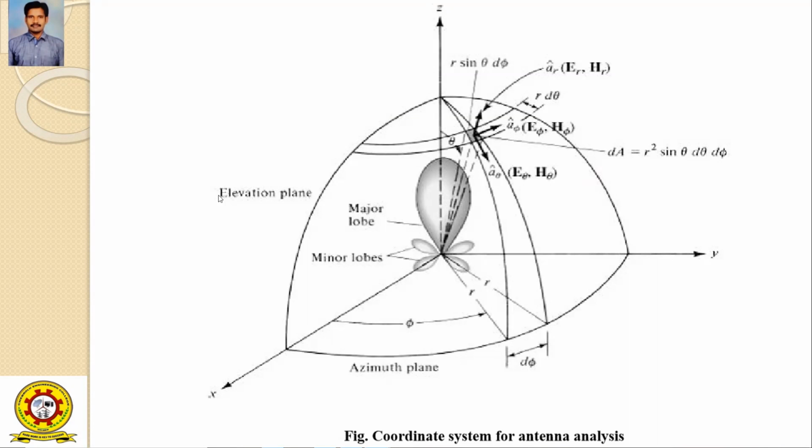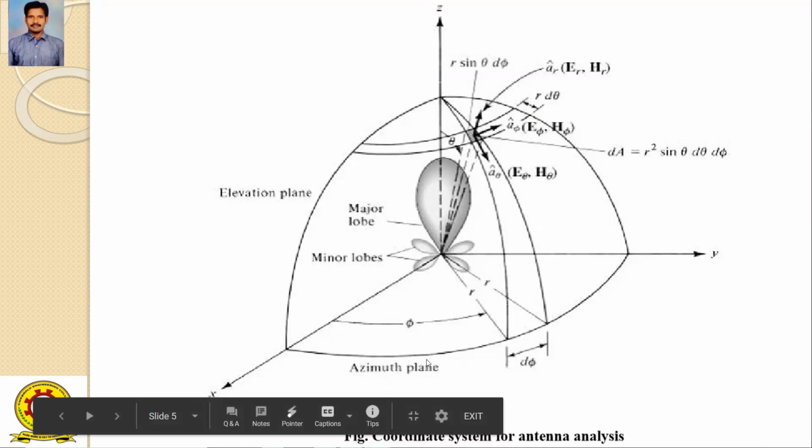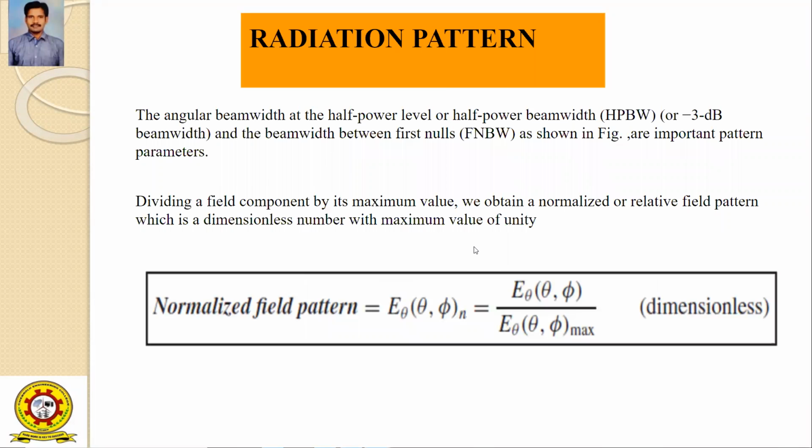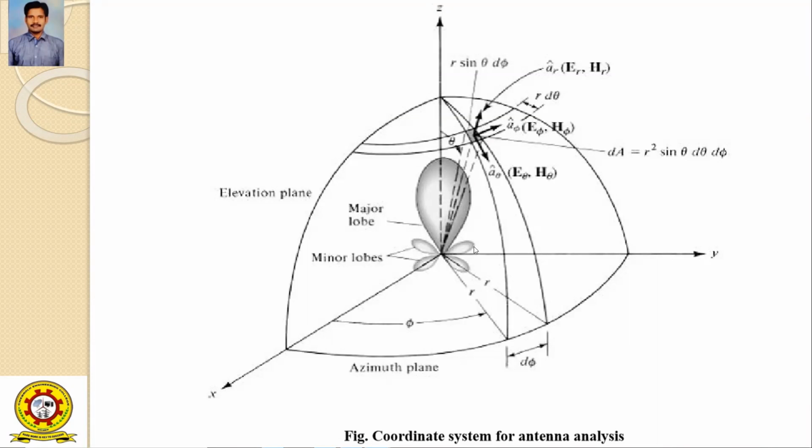The elevation plane is the xz plane, and the azimuthal plane is indicated by its concerned coordinate system.